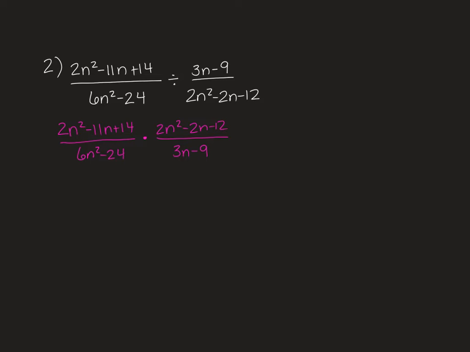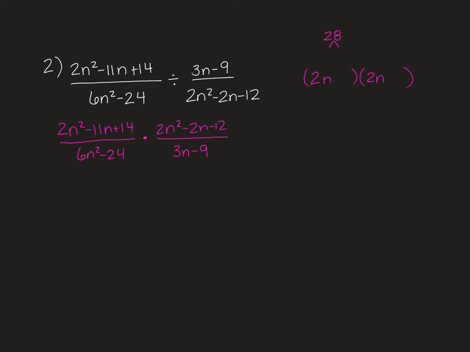So 2n squared minus 11n plus 14, that will actually be factored using the Berry method. So I'm going to factor it over here. My Berry is going to be a 2. And then I multiply a times c. So 2 times 14 is 28. I need two numbers that will multiply to 28, but add to negative 11.